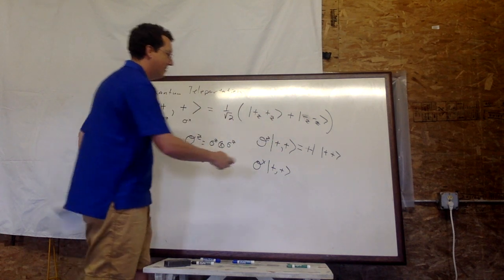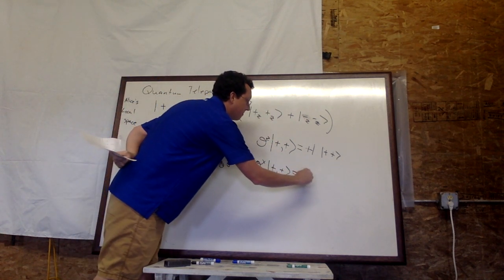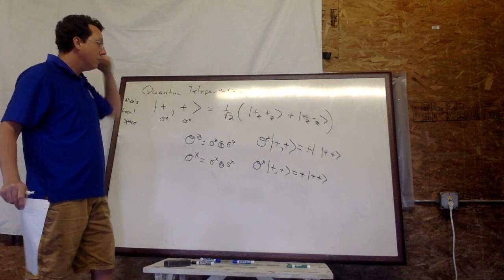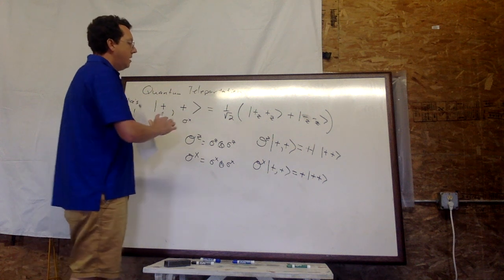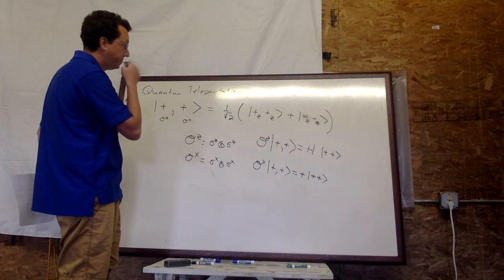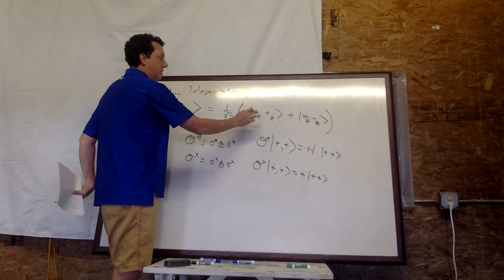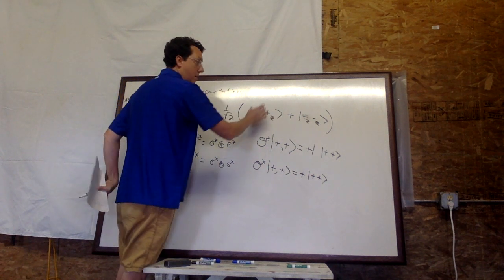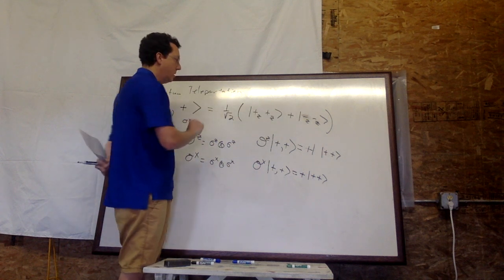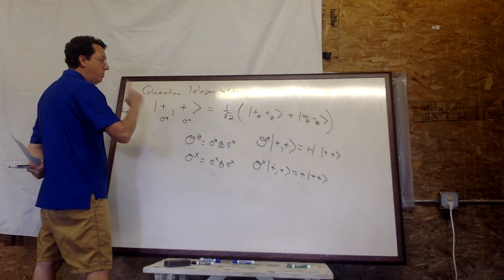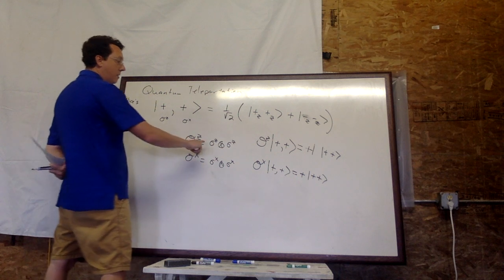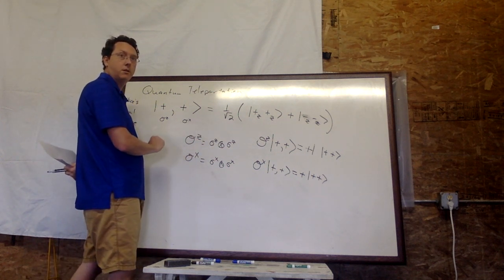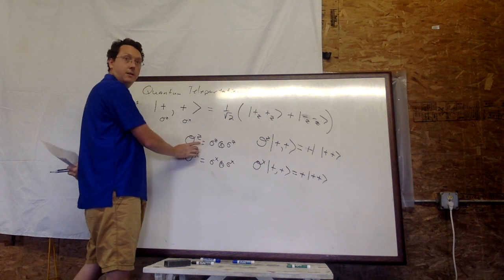Okay, now look at what happens though. If these two are correlated, meaning they're the same, plus plus or minus minus, then when you act with OZ, it will always be a plus 1 for OZ.